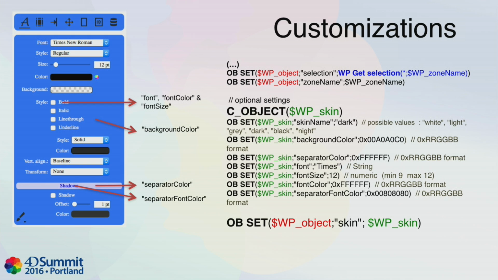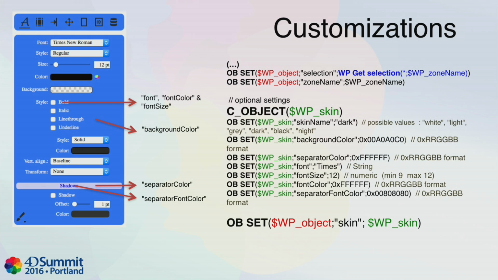This attribute will be an object itself. I've named it skin, just to make it clear. You can name it the way you want. And in this object, you have to define a couple of things. None of these attributes are mandatory. You can pass only one if it's enough for you.